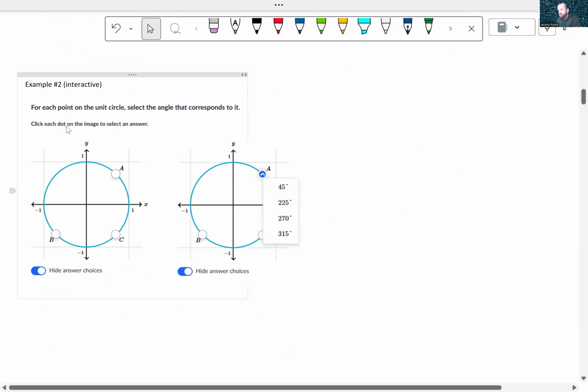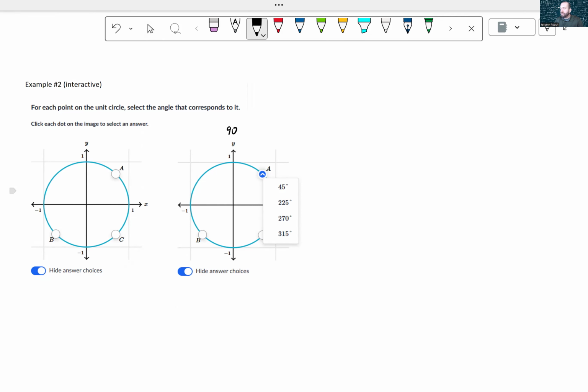It says for each point on the unit circle, select the angle that corresponds to it. And these are all of our selections for all three of these points. So 45 degrees, we can separate these into chunks. I think that might be a little easier. So this is 90 degrees, this is 180 degrees, and this is 270 degrees.